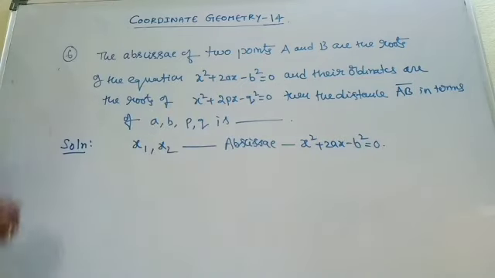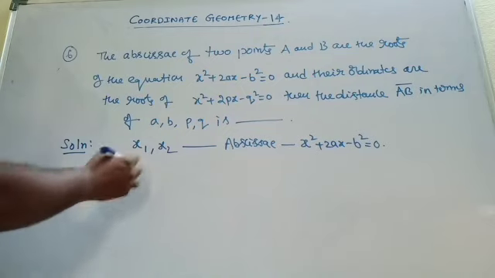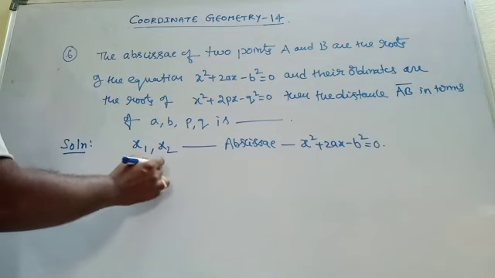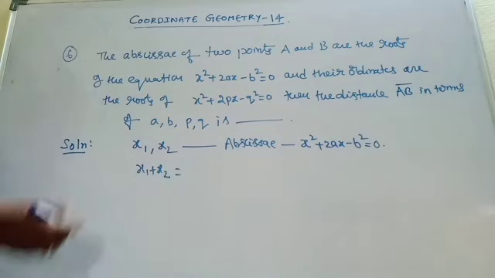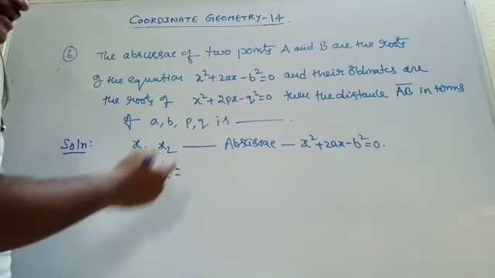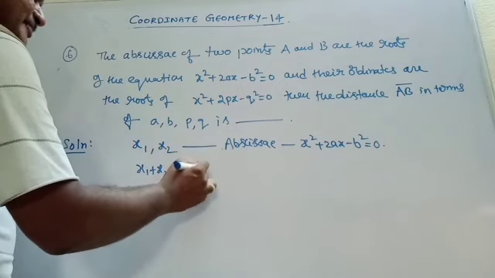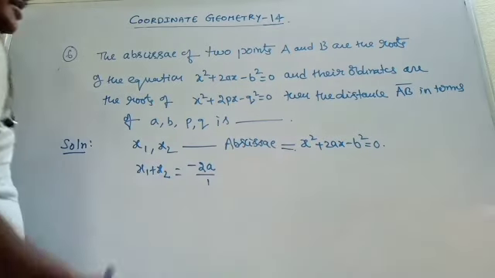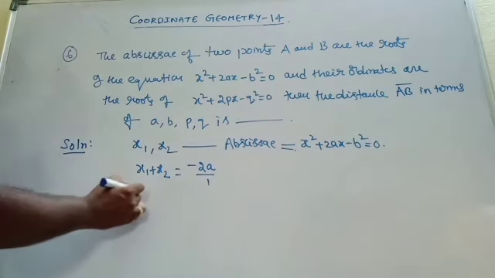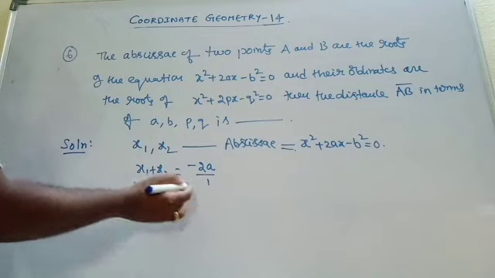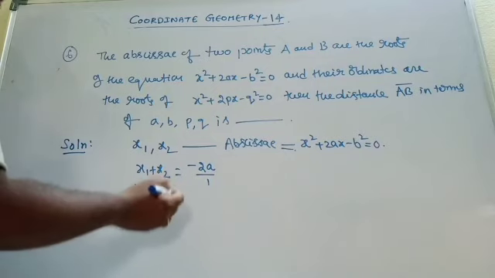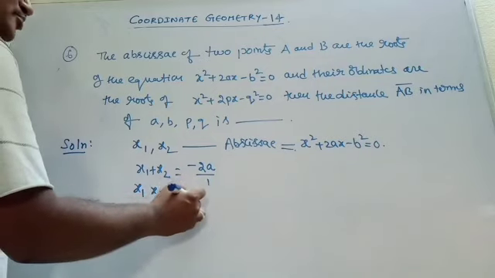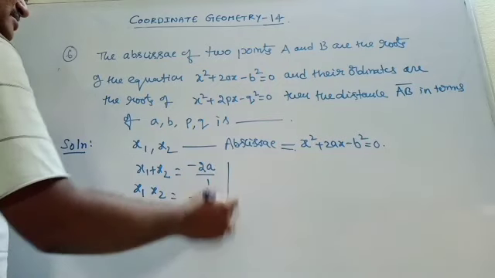That means the sum of the roots x1 plus x2 is equal to minus b by a, something like minus x coefficient, that is minus 2a by 1. And x1 into x2, the product of the roots, is minus b square.